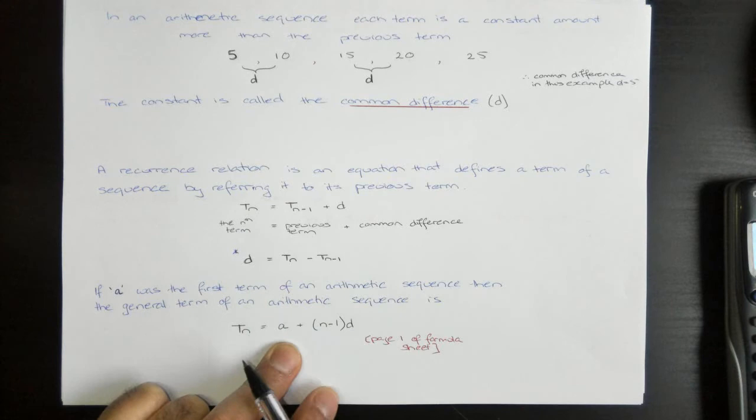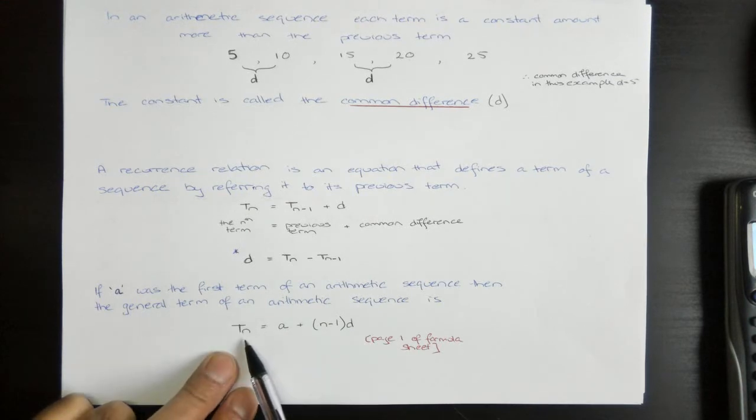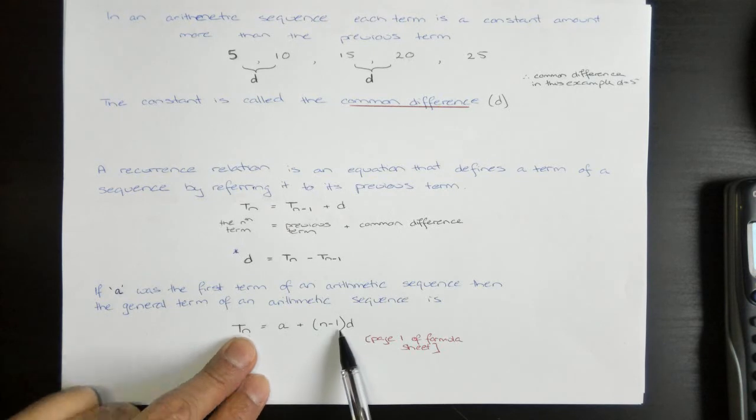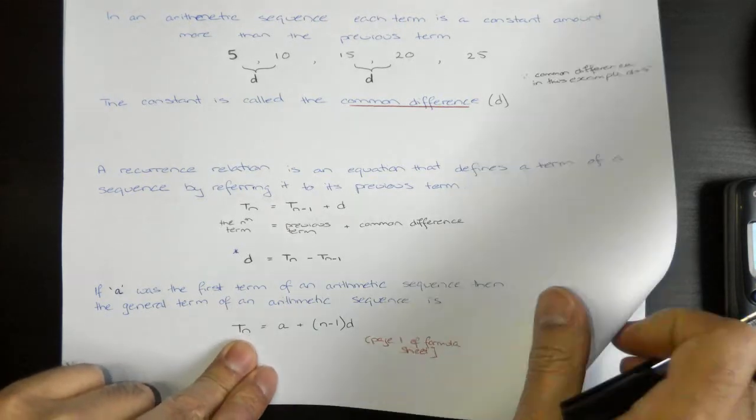So the nth term is equal to the first term plus n minus 1 multiplied by the common difference.